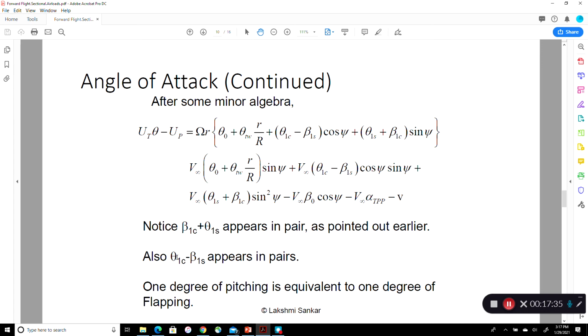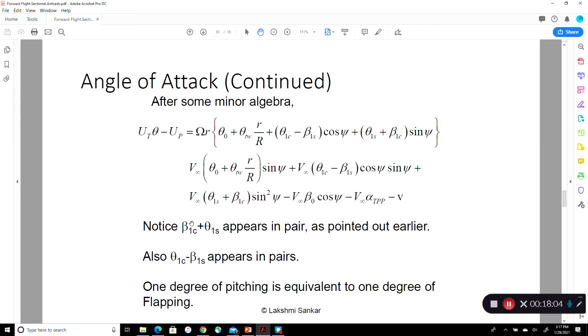If you're looking from the back, this would be the included angle between the no feathering plane and the tip path plane. So anyway, this included angle is independent because regardless of the coordinate system in which it's measured, it would be the same included angle, because it is the angle between two lines. So beta has the same significance as alpha and theta, because these things appear in the angle of attack.